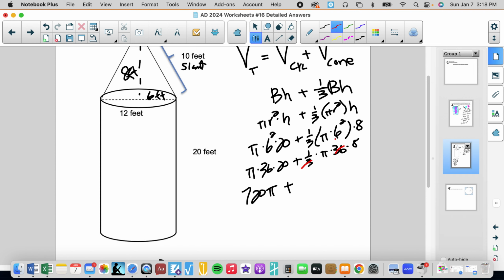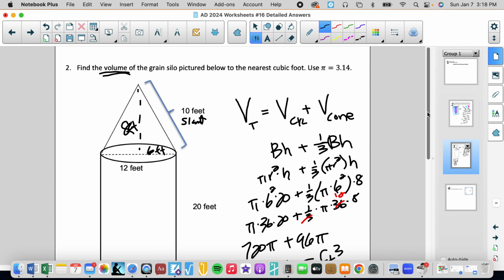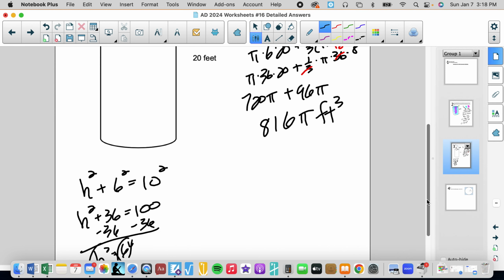That's cross cancel. That's going to be 12. And 12 times 8 is 96 pi. So that's going to give us 816 pi volume, feet cubed. Again, I think they tell us to use 3.14 for pi.